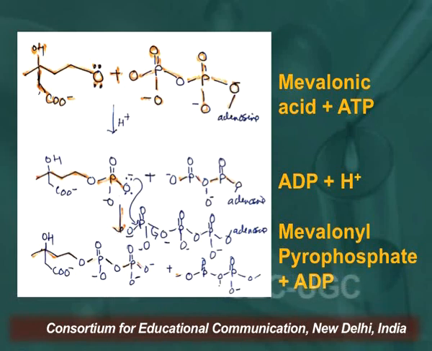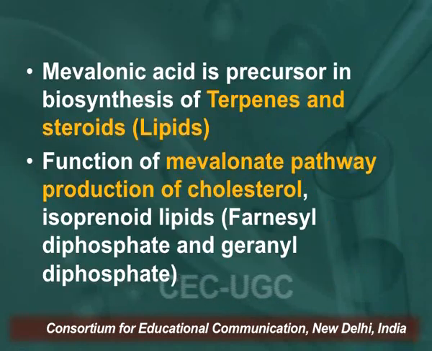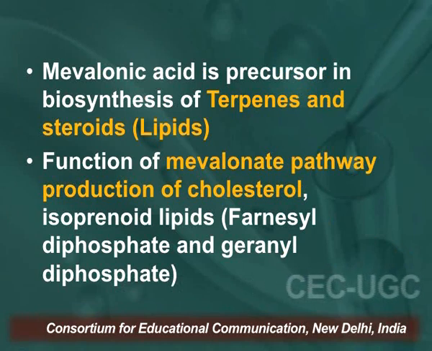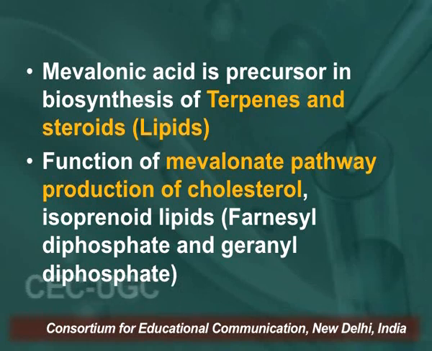So this is a very important pathway, and it is a precursor of the biosynthesis of cholesterols. This mevalonic acid is a precursor in the biosynthesis of terpenes and steroids. Both are terpenes. As I told you, terpenes are lipids. Similarly, steroids are also lipids.